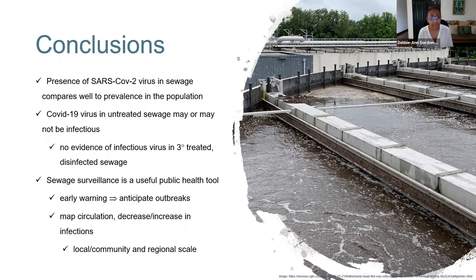Sewage surveillance can be a useful public health tool and could serve for early warning and to anticipate outbreaks, map the circulation of the disease or infections in the population, as well as an increase or decrease in infections. And this could be used on a local scale, a community scale, or even a regional scale.